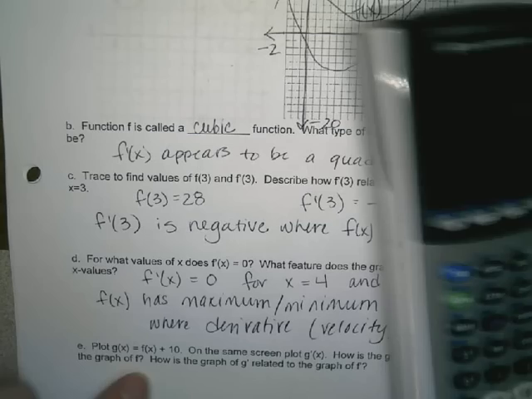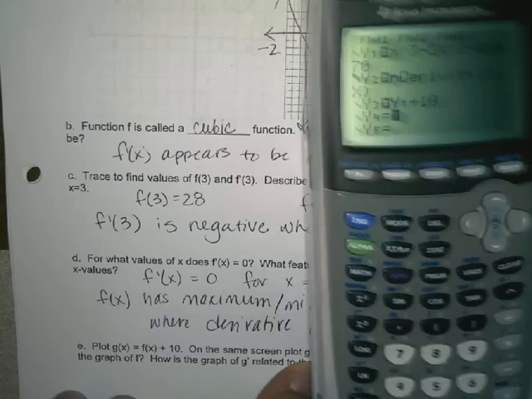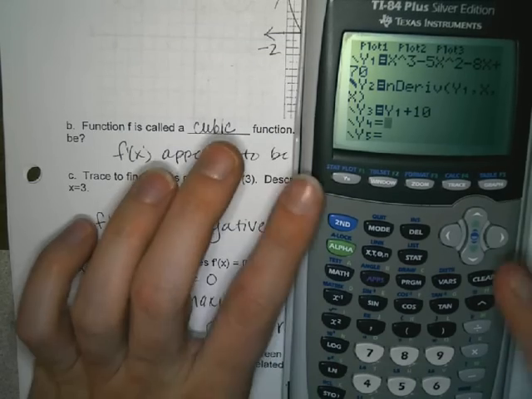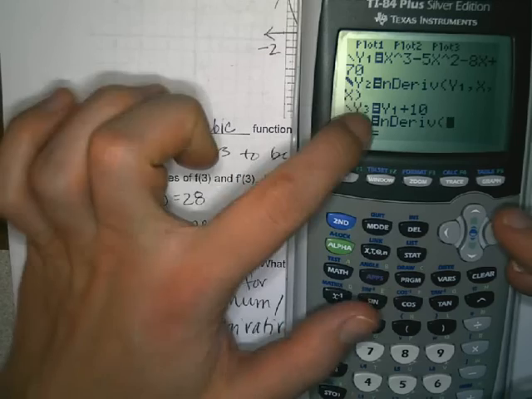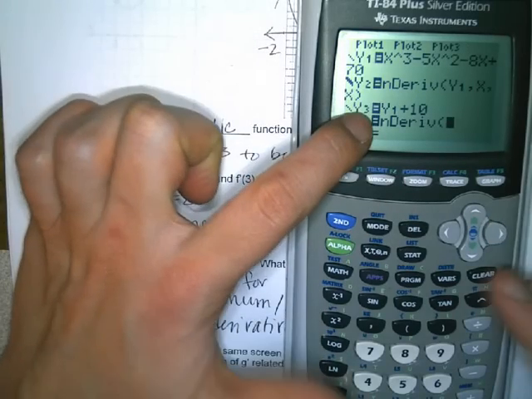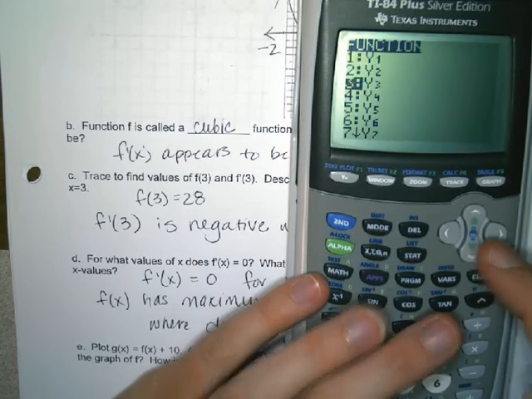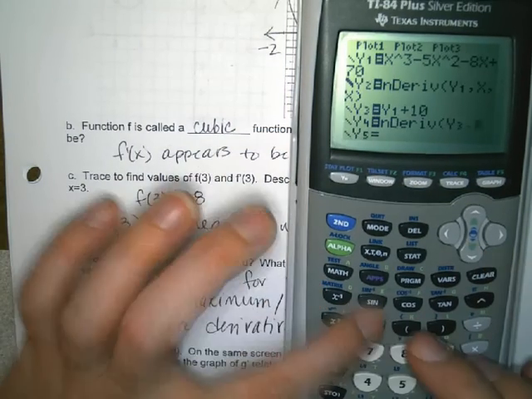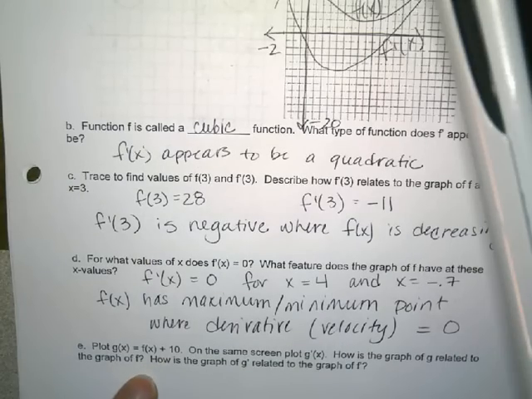And then we're going to plot g prime of x. So we're going to do n deriv. But now I want y3, because that's my g of x. So comma x, comma x. How is the graph of g related to the graph of f?